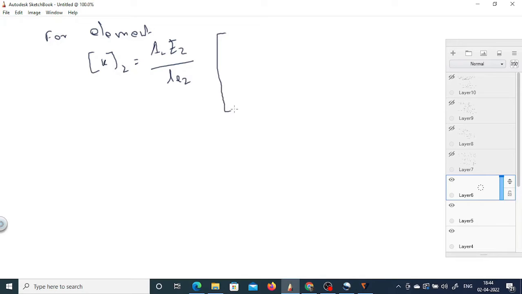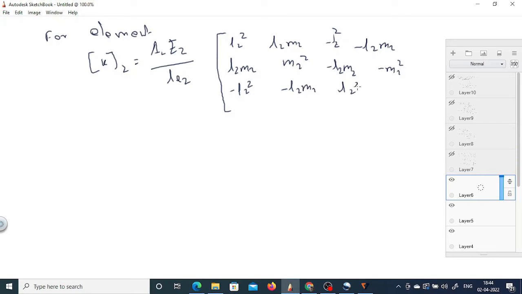Already we found the values of LE2, and here the formula can be written as L2 square, L2 into M2, minus L2 square, and then minus L2 M2, and then L2 M2, M2 square, and then minus L2 M2, and then minus M2 square, and then minus L2 square, minus L2 M2, L2 square, and then L2 M2, and also here minus L2 M2, and then minus M2 square, L2 M2, and then M2 square.